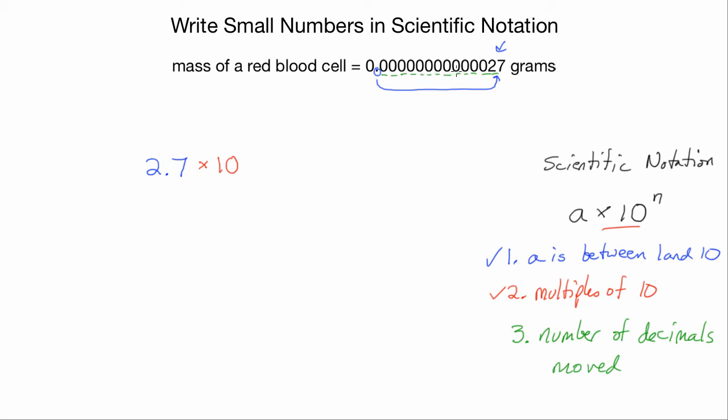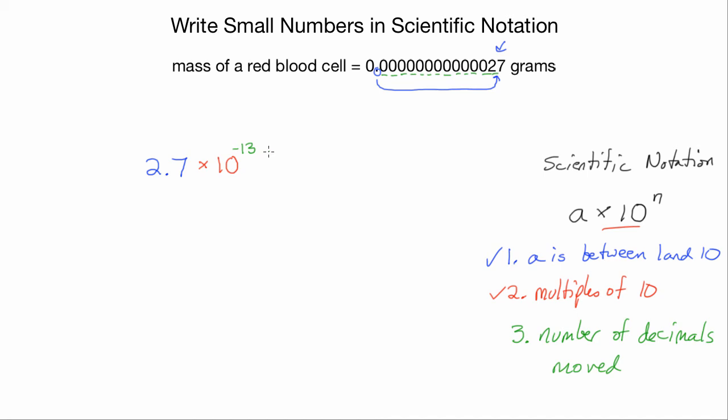So in this case, I did this 13 times. Every time we move the decimal to the right, it's dividing by another power of 10. And remember when we did all that stuff with negative exponents, whenever I'm referring to repeated division, I need to use a negative exponent. So to show that I take 2.7 and divide it by 10, 13 times, I need to put a negative 13. It's to the negative 13th power.